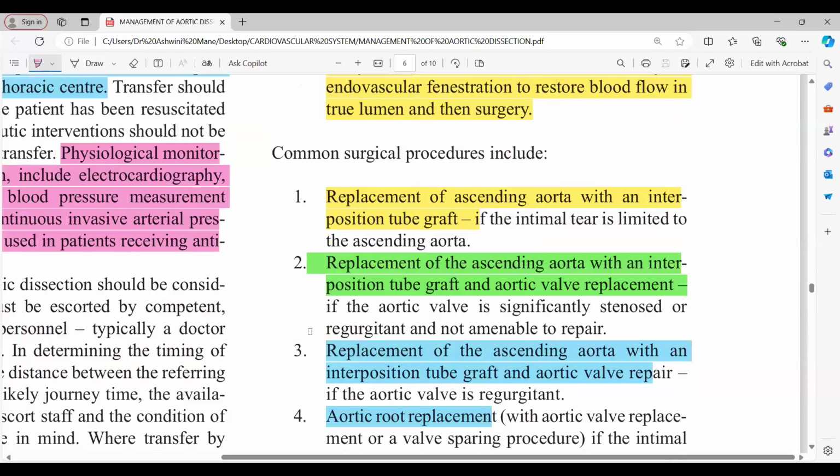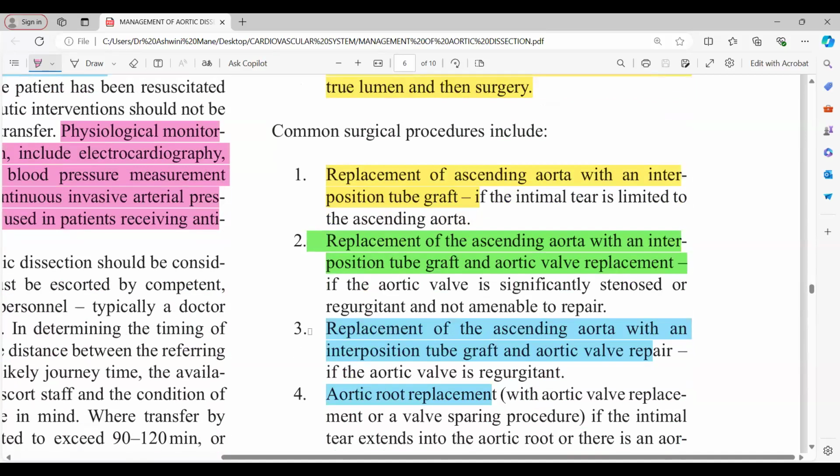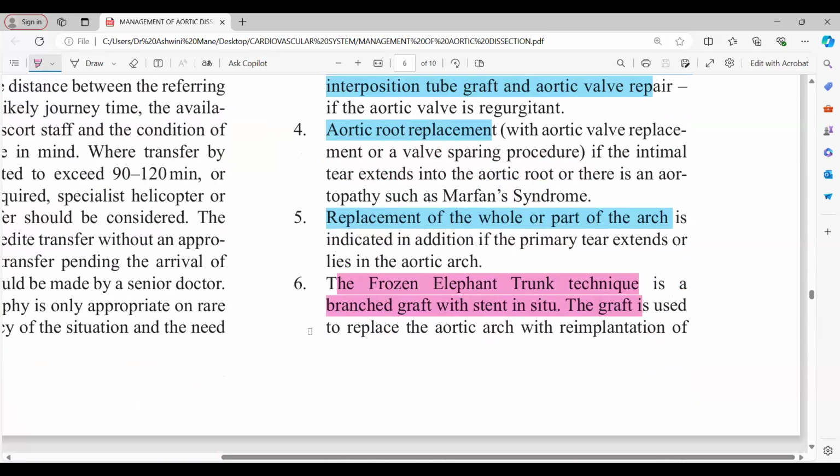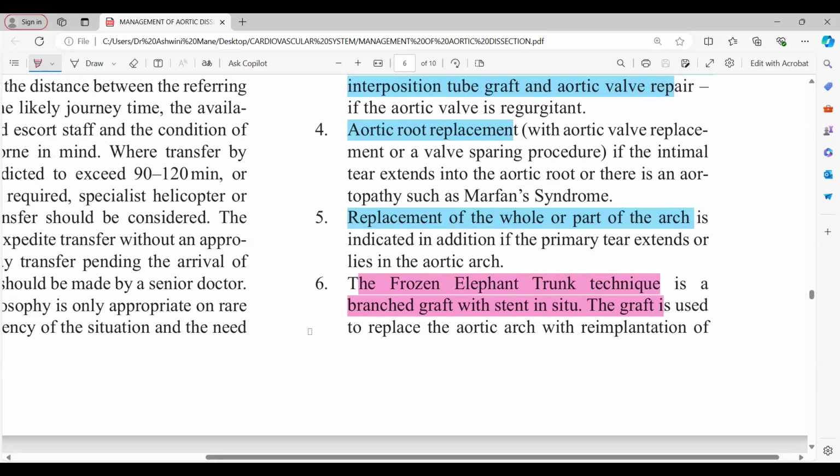So the common surgical procedures include replacement of ascending aorta with interposition tube graft, replacement of ascending aorta with interposition tube graft and aortic valve replacement, replacement of ascending aorta with interposition tube graft and aortic valve repair, then aortic root replacement, replacement of whole or part of the aorta, and frozen elephant trunk technique.